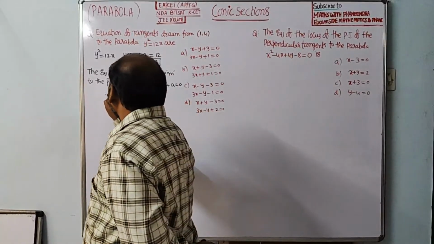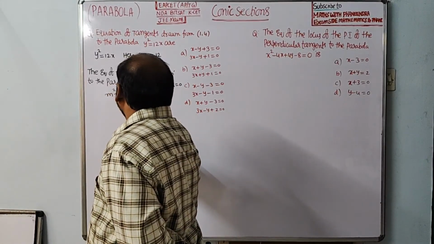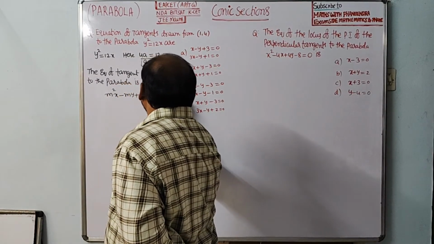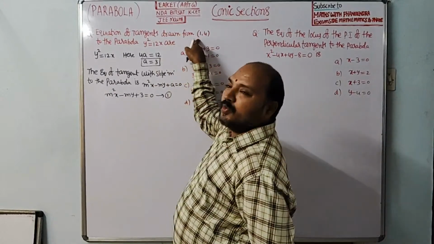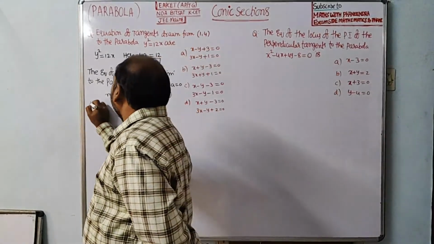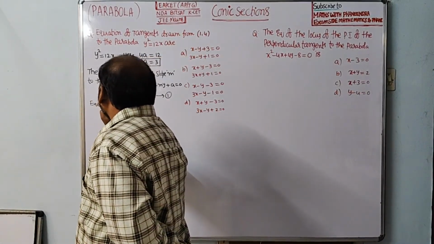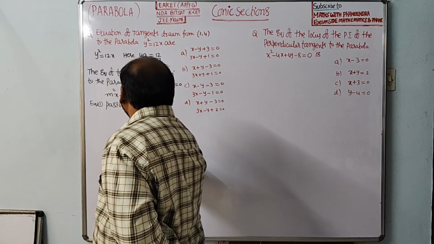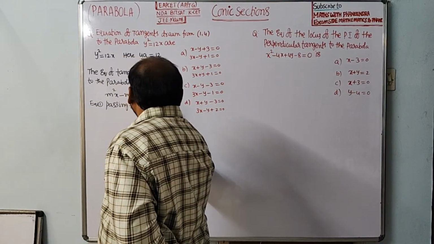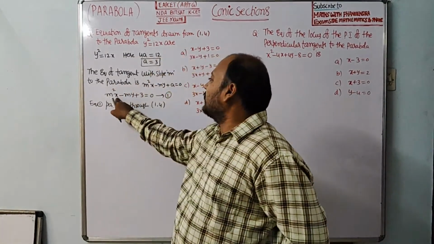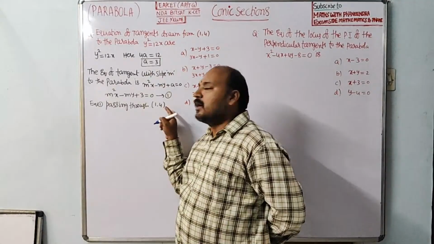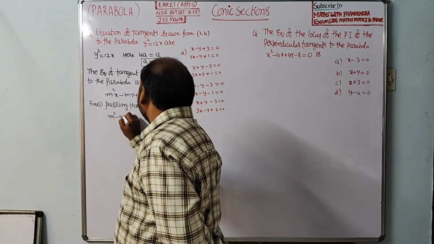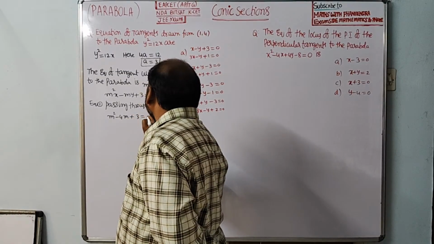So it becomes m square x minus my plus 3 equal to 0. Equation 1 is passing through which point? (1, 4). So wherever x, y is there, replace with 1, 4. So m square minus 4m plus 3 equal to 0.